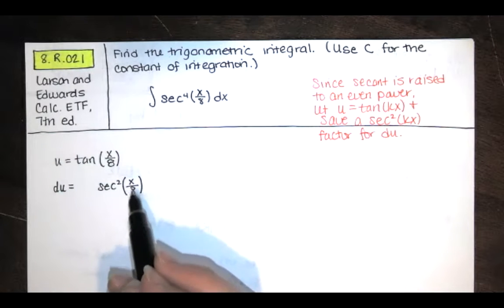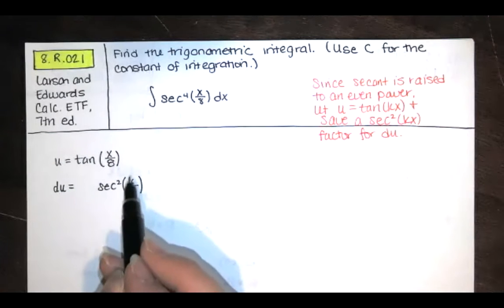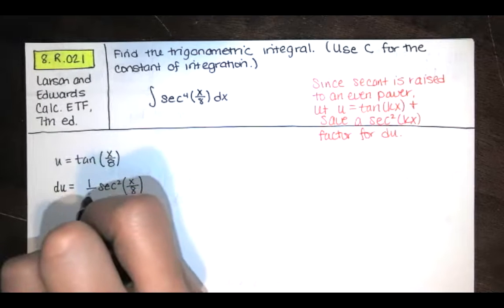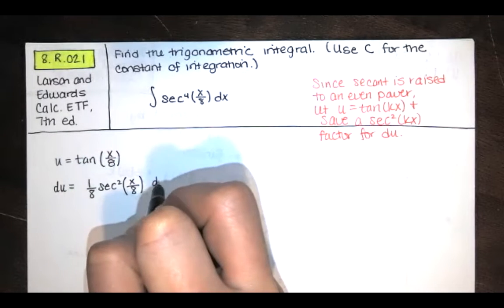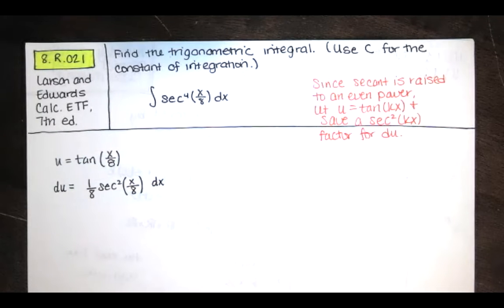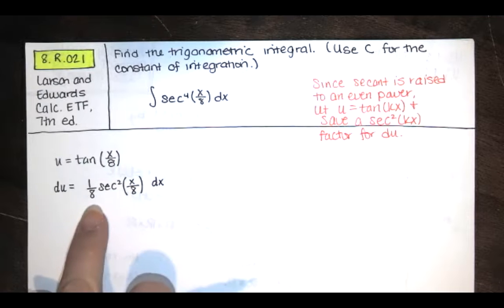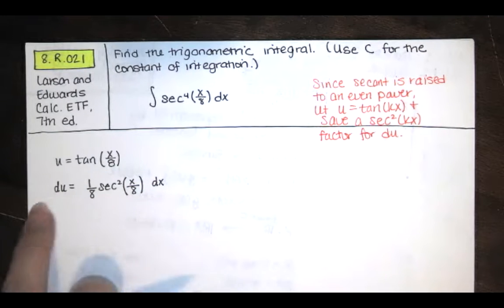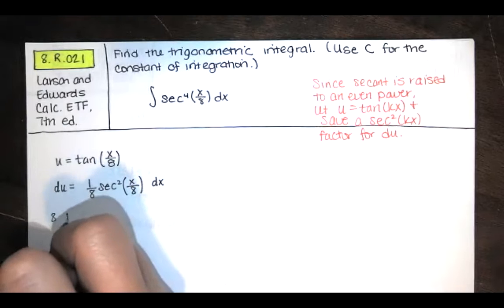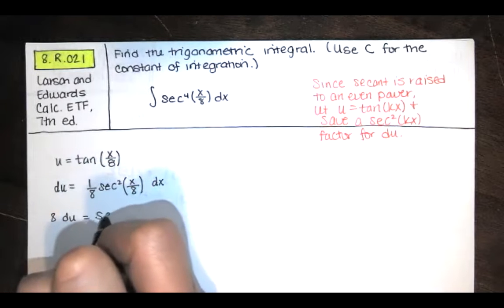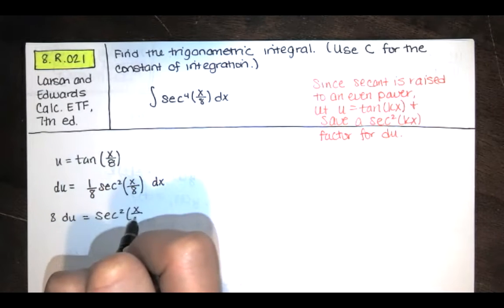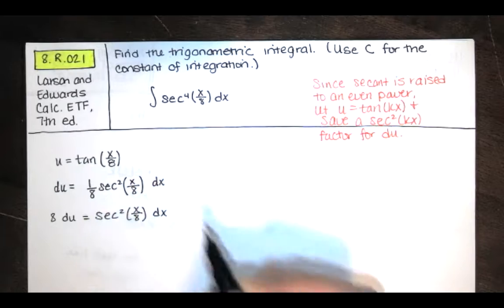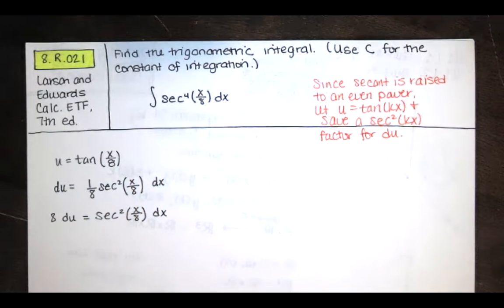We can think of that as 1/8 x. The derivative of 1/8 x is 1/8. And then du is that derivative times dx. We don't actually have a 1/8 factor up here, so I would multiply both sides by 8 in order to get that secant squared of x over 8 dx by itself.